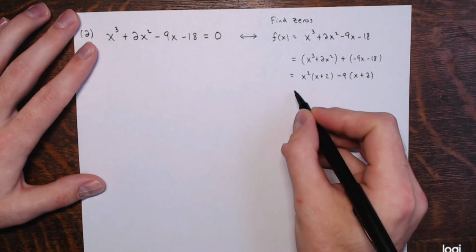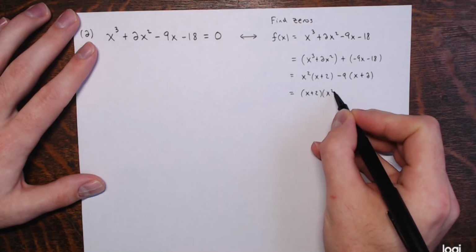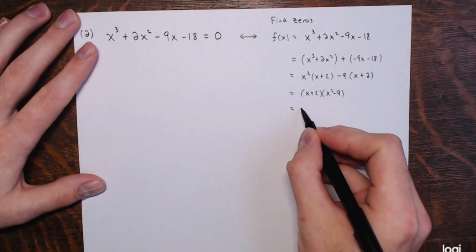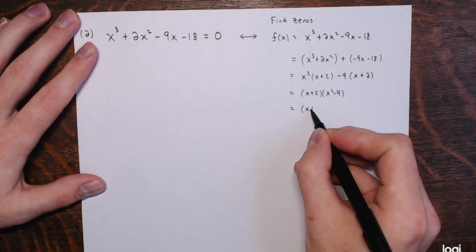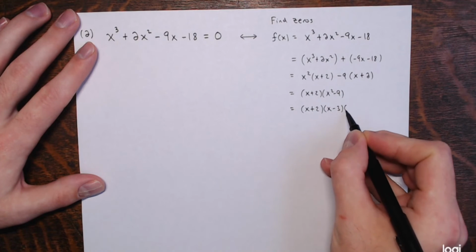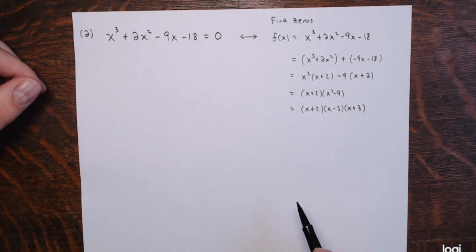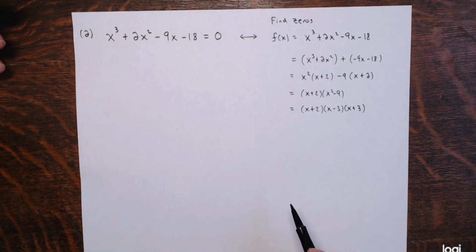And then you have x plus 2 come out, and then x squared minus 9 left over. And that x squared minus 9, that's a difference of squares. That factors to x minus 3 times x plus 3. So if you can see how to factor it right away by grouping or some other method you've learned, do that.